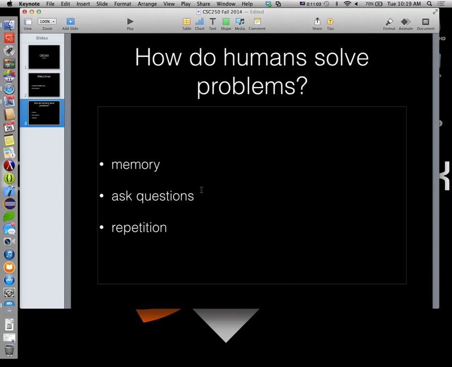So we are doing that as human beings all the time, even though we're not aware of it. Okay? So one of the challenges we have to overcome to become good problem solvers with a computer programming language is training ourselves to become aware of how we're solving these problems. At the very least, the problems we're trying to teach a computer to do.